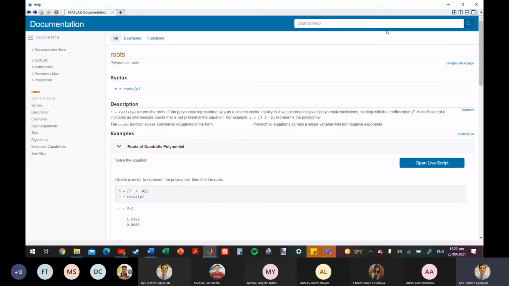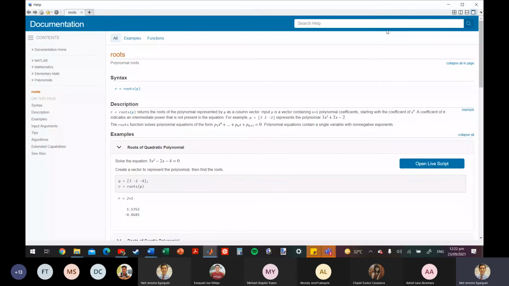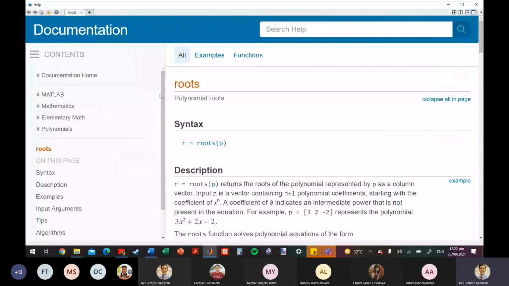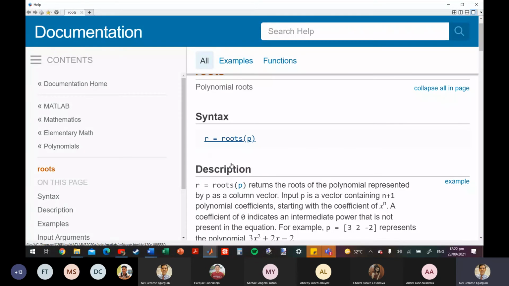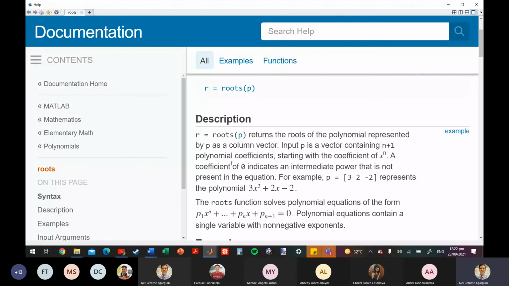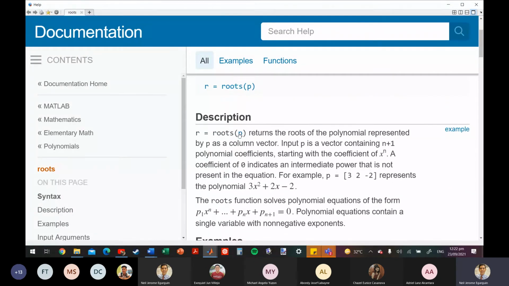Okay? At madali lang pala yung syntax ng roots. Para makuha yung roots ng isang polynomial p, kailangan lamang ay, oops, napalaki masyado. Ang syntax lang ay roots p. Okay? Pero ano yung requirement? Roots p, dapat si p ay vector. So the input p is a vector containing the coefficients of the polynomial.